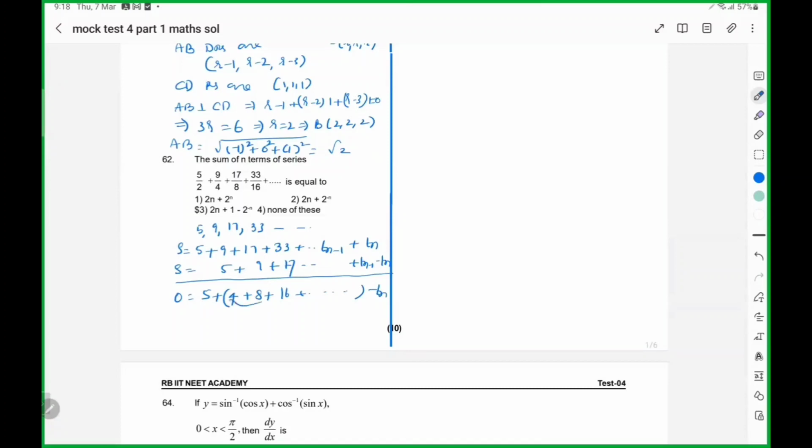From here to here you have n terms. Here to here you have n minus 1 terms. Sum of n minus 1 terms of a geometric progression. The ratio r here is 8 by 4, which is 2. So 4 times (2 power n minus 1 minus 1) by (2 minus 1) minus Tn.